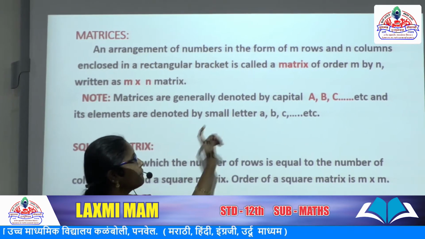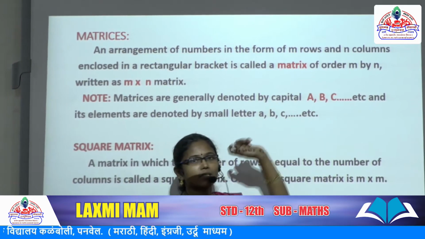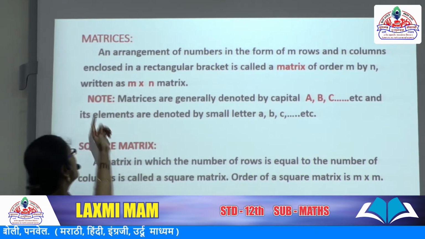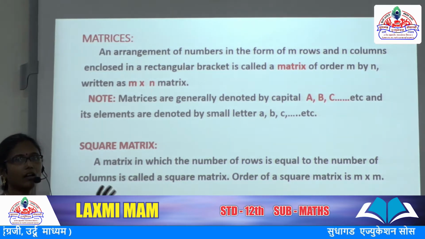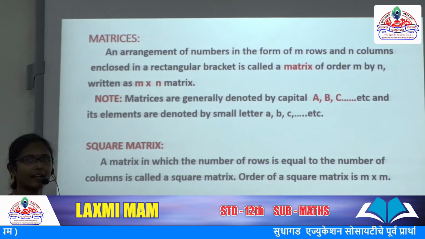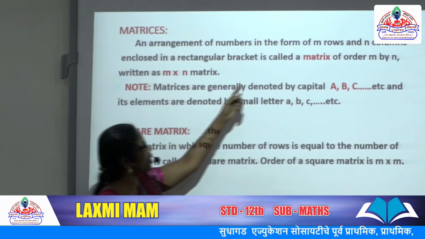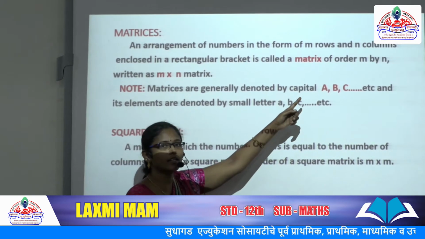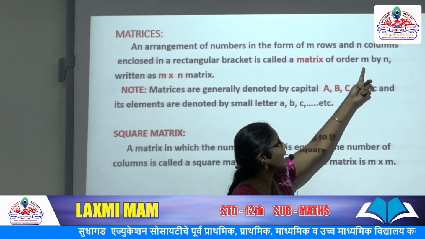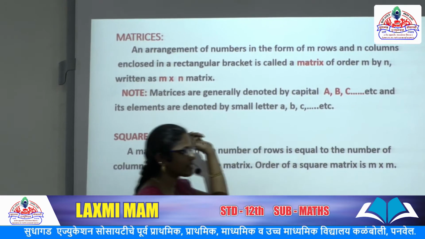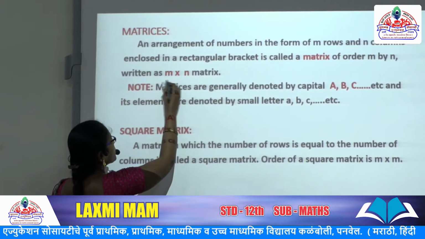m is a variable and n columns enclosed in a rectangular bracket. It is all arranged in a bracket. Rectangular bracket is called a matrix, and the order is given by rows and columns. What are the rows and columns? m by n, and it is denoted by m cross n.